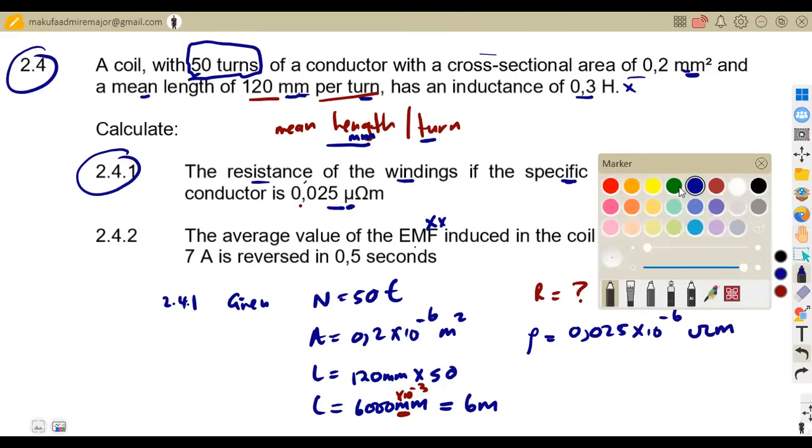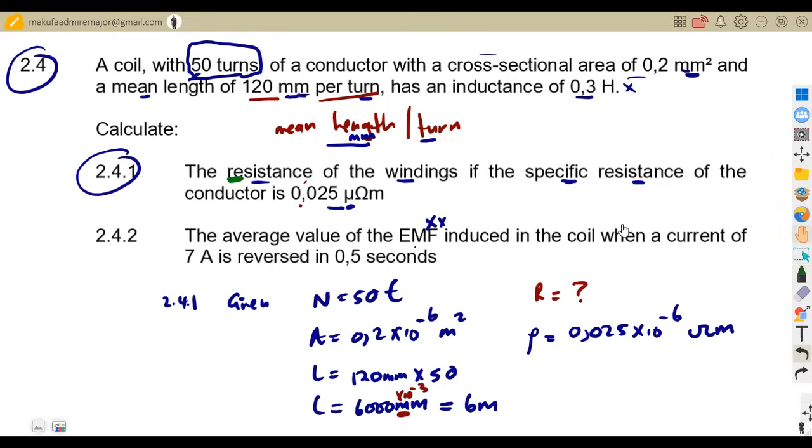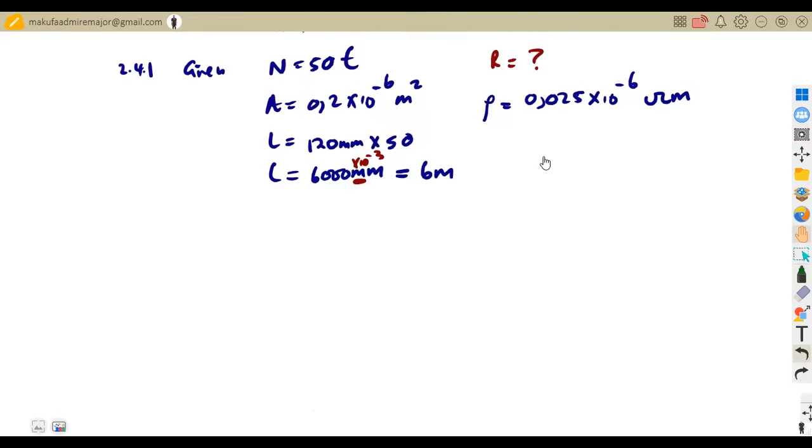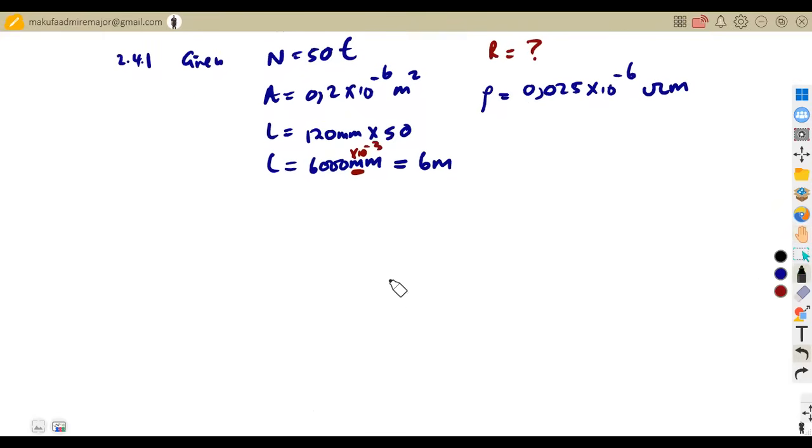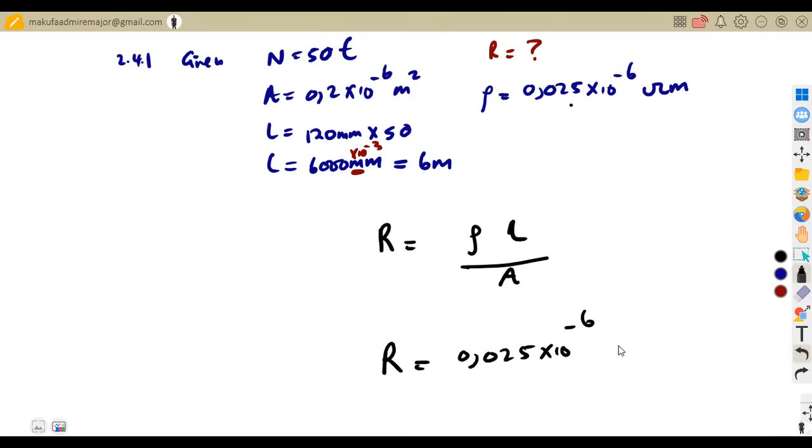So what is going to be the resistance of this material in this case? As we stated from our formula, the resistance of a conductor is going to be resistivity times length over the cross-sectional area. So we have the resistivity of the material of 0.025 times 10 to the exponent of -6 times the length of 6 meters, everything over the area, which is 0.2 times 10 to the exponent of -6 in square meters.